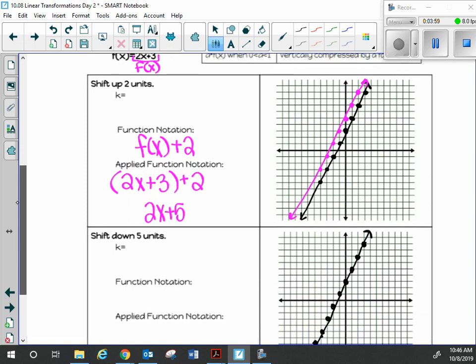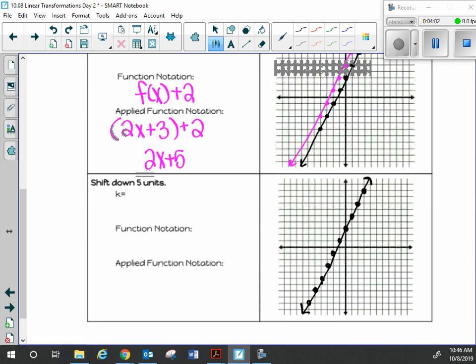Okay, so if I'm going to shift down 5 units, what am I going to do to my function? If I added 2 to the last one, what am I going to do to this one? Subtract 5. So for my rule, that would work for any function, f of x minus 5.